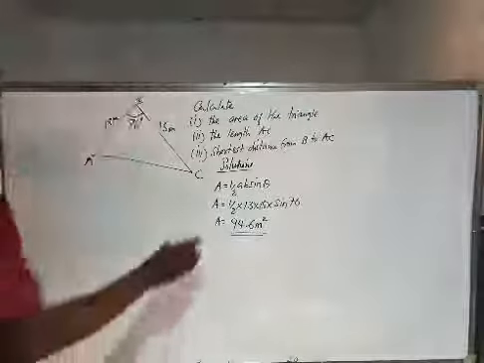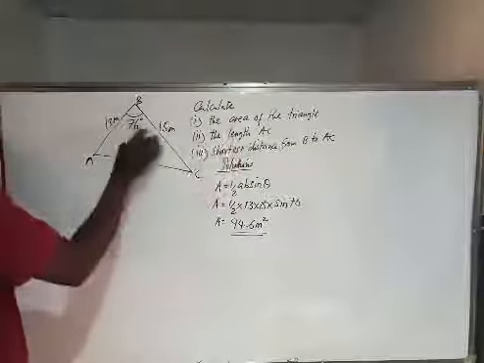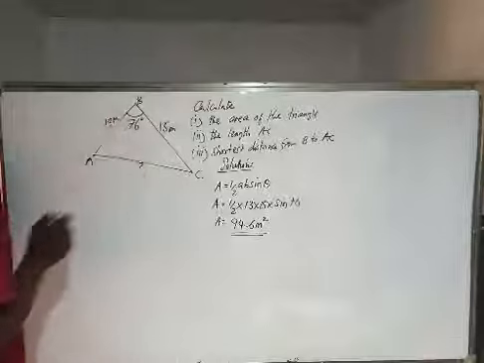Once you know this, the next question, the length, you can see the characteristics of this triangle. To find this length, we are going to use cosine rule.